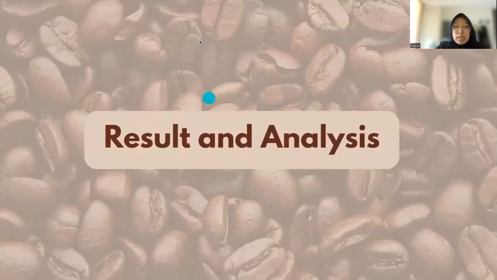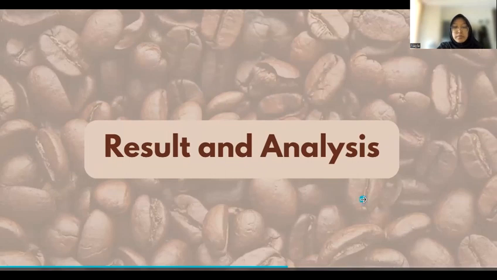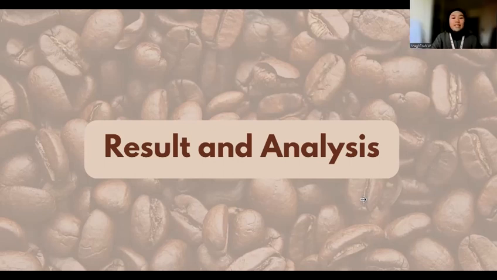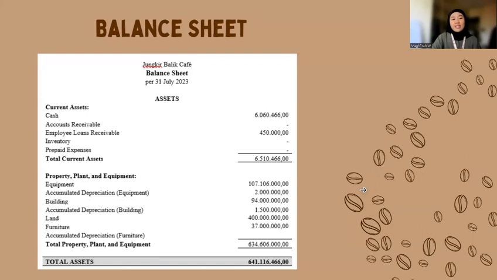Next is results and analysis. So in this section, I will be analyzing the financial statement outputs of Jungkir Balik Cafe for the period ending 31st July 2023.